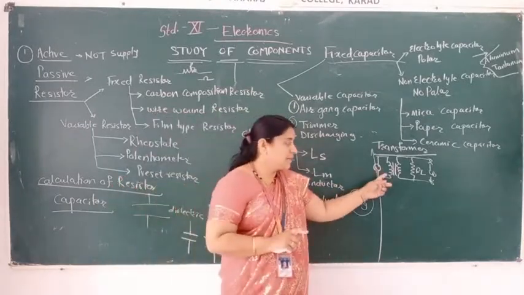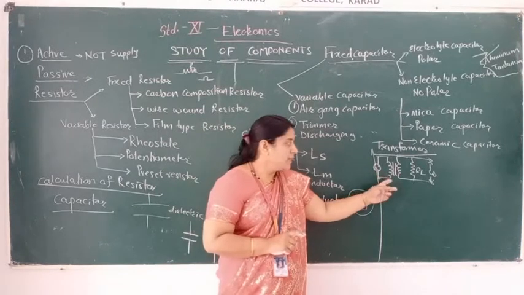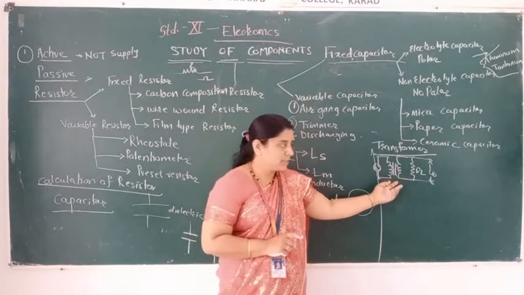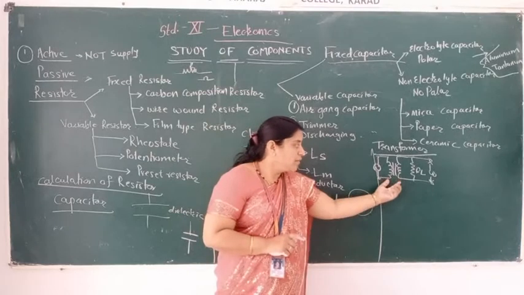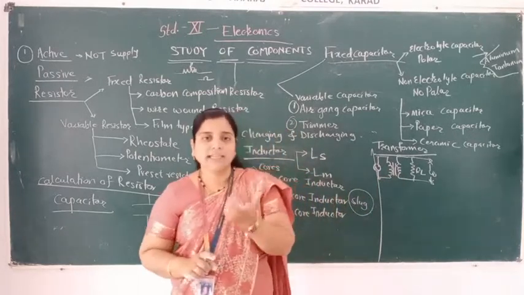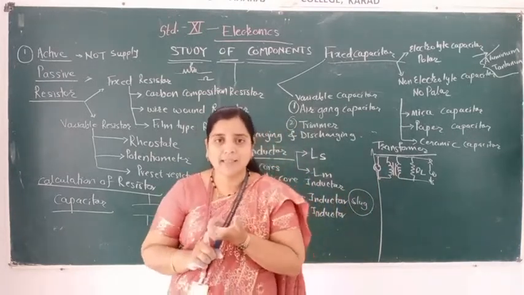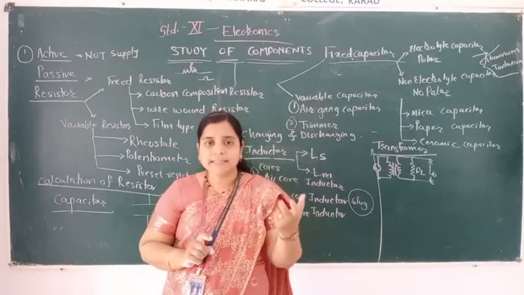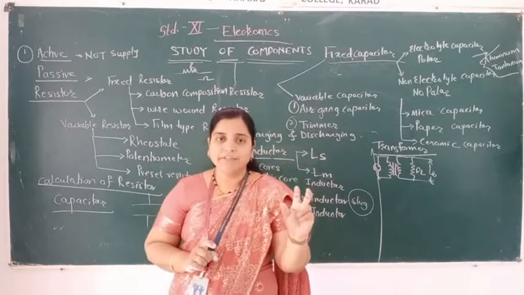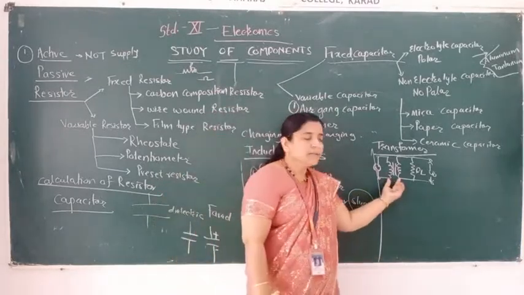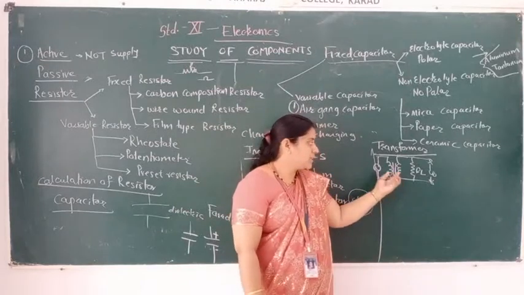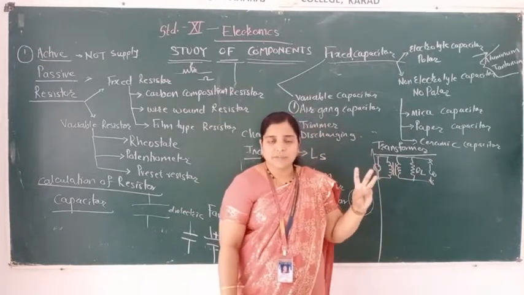Mutual transformer means when AC is given to the primary of the transformer and the secondary voltage is measured, the turns are not connected to each other electrically or directly, but they are connected by the magnetic field. Okay, so there are three types of transformer.